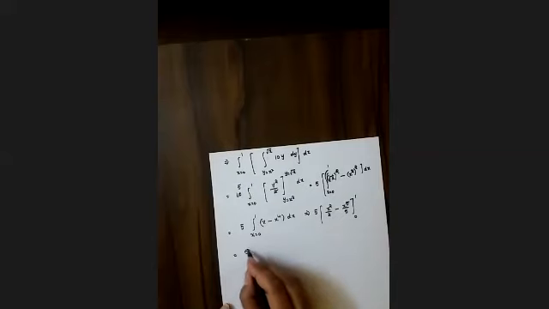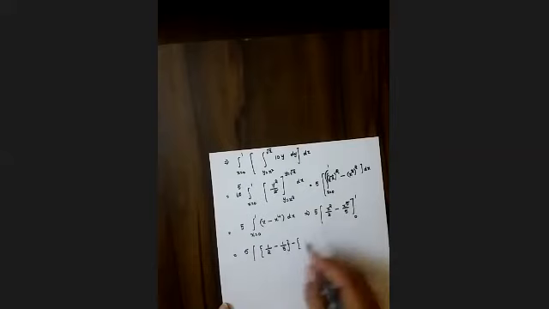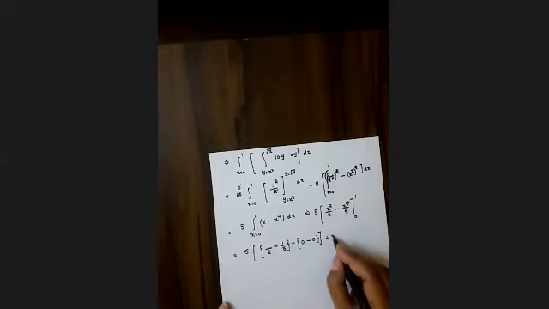So 5 into, substitute the limits. First, the limit x is 1: 1/2, when taking x is 1, 1/5, minus, when taking x is 0, 0 by anything is 0, minus 0 by anything 0. So which is nothing but 5 into, taking 10 as the LCM, 5 times 2, 2 times 5.